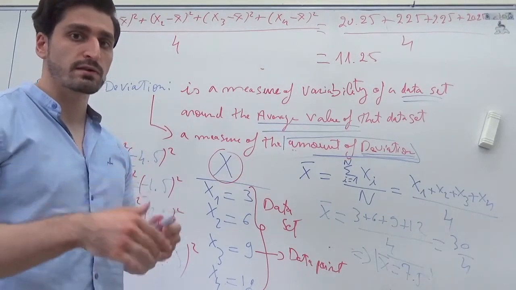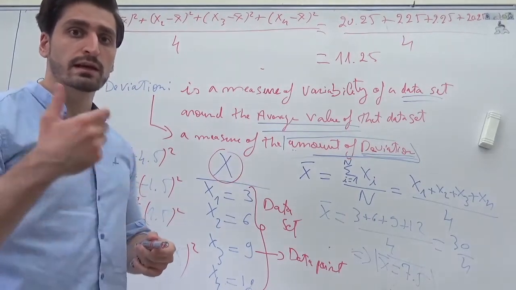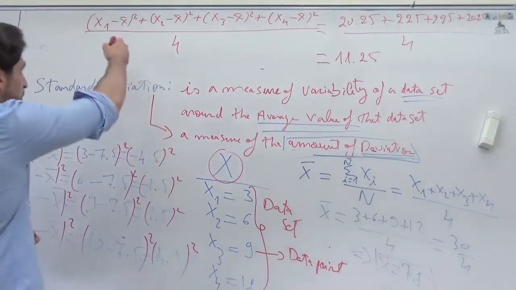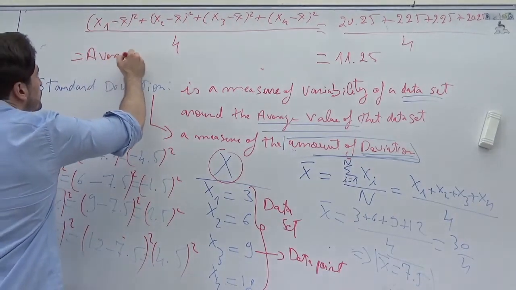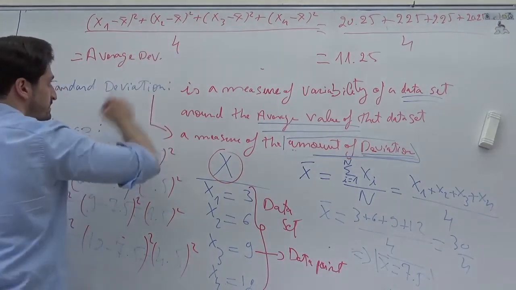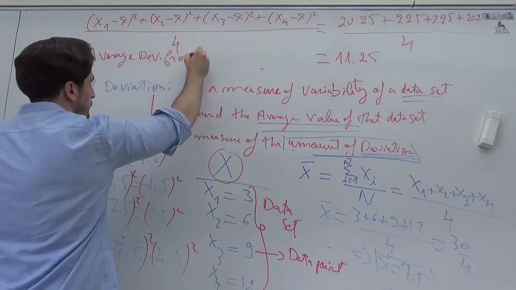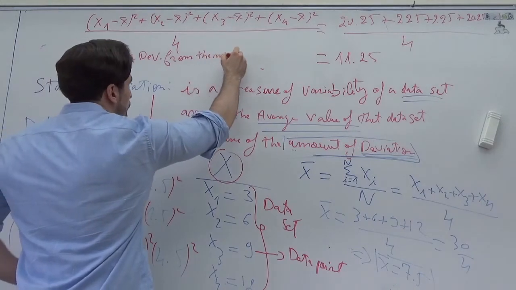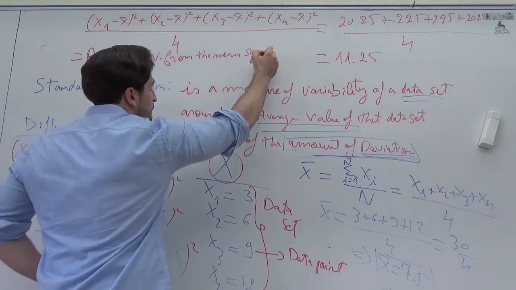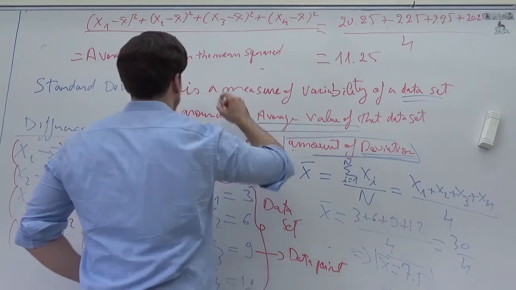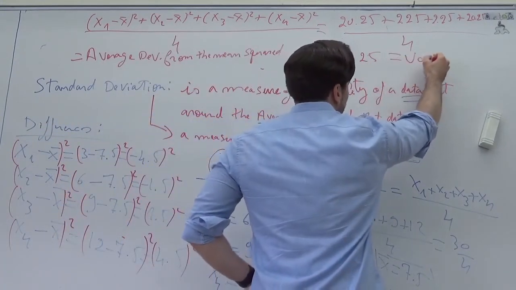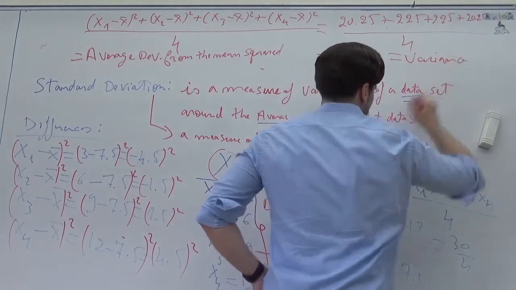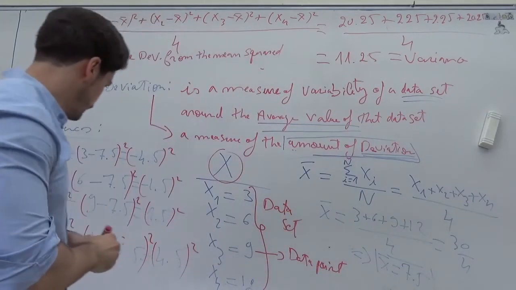In other words, we are finding a quantity which is called the variance. So the definition over here is none other but the average deviation from the mean squared, which is a quantity we call the variance.